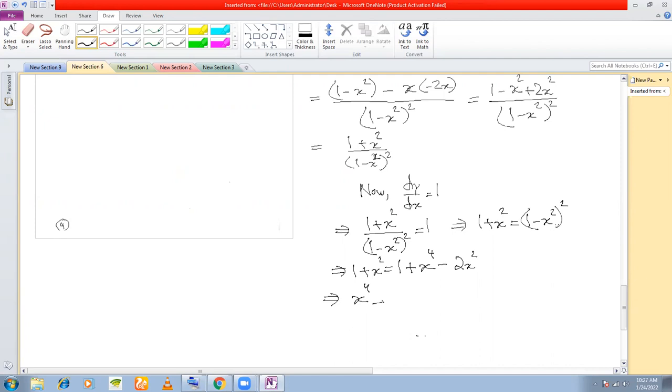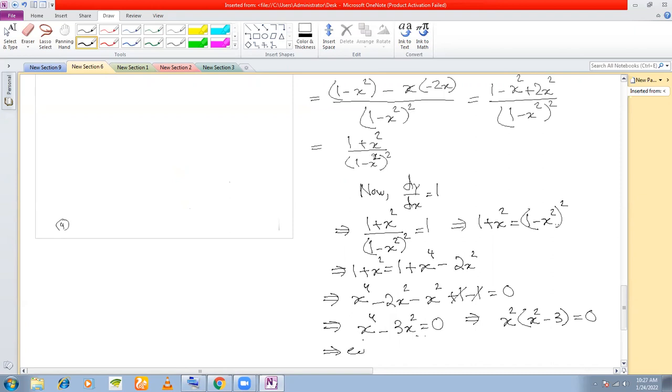You get x to the power of 4 minus 2x square minus x square plus 1 minus 1 is equal to 0. So the 1s cancel, and you simply get x to the power of 4 minus 3x square is equal to 0. So you get x square into x square minus 3 is equal to 0.